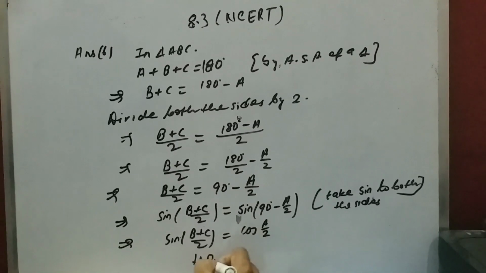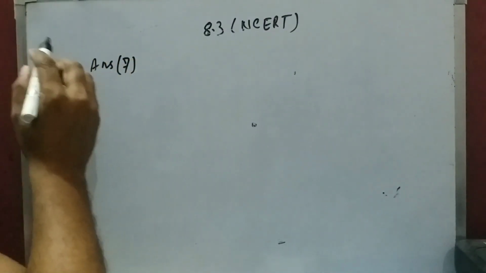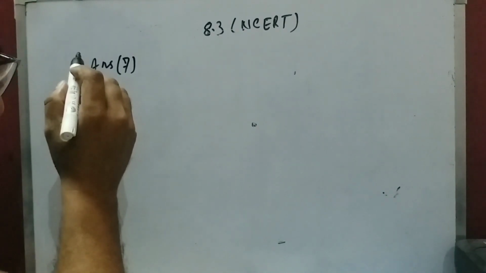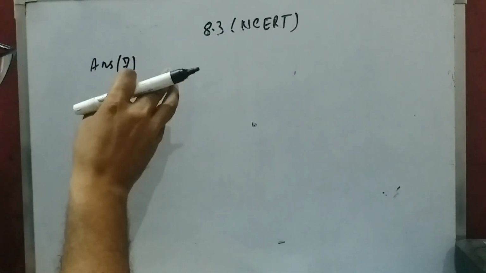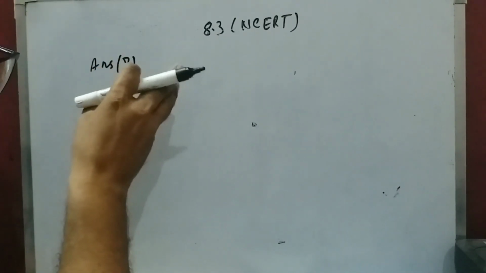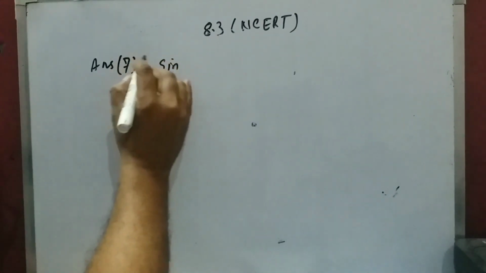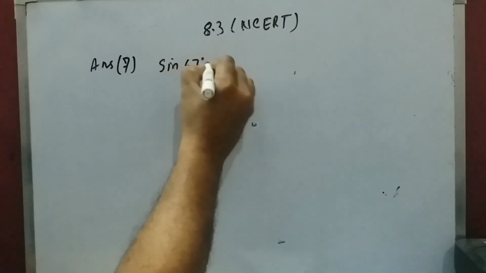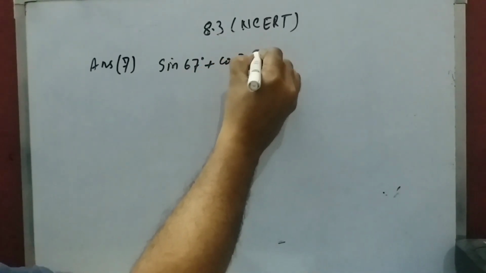In answer number 7, you are asked to convert the trigonometric ratios to angles between 0 and 45. The question is sine 67 degree plus cos 75 degree.